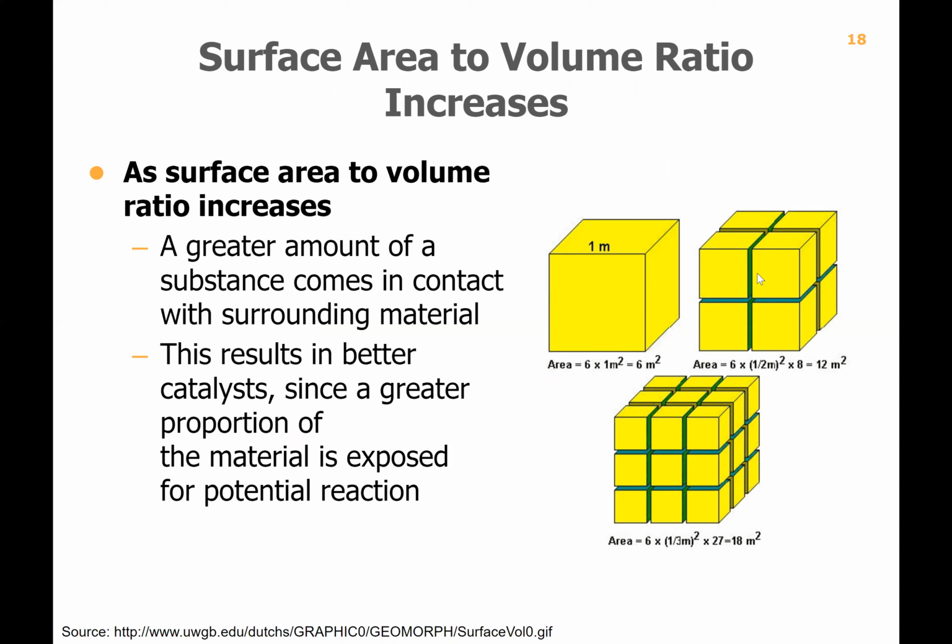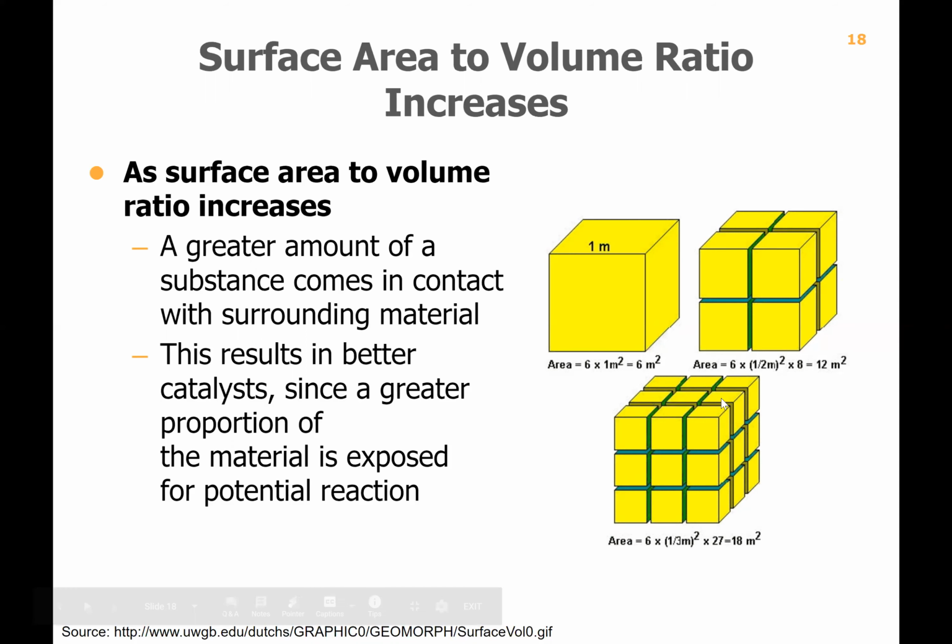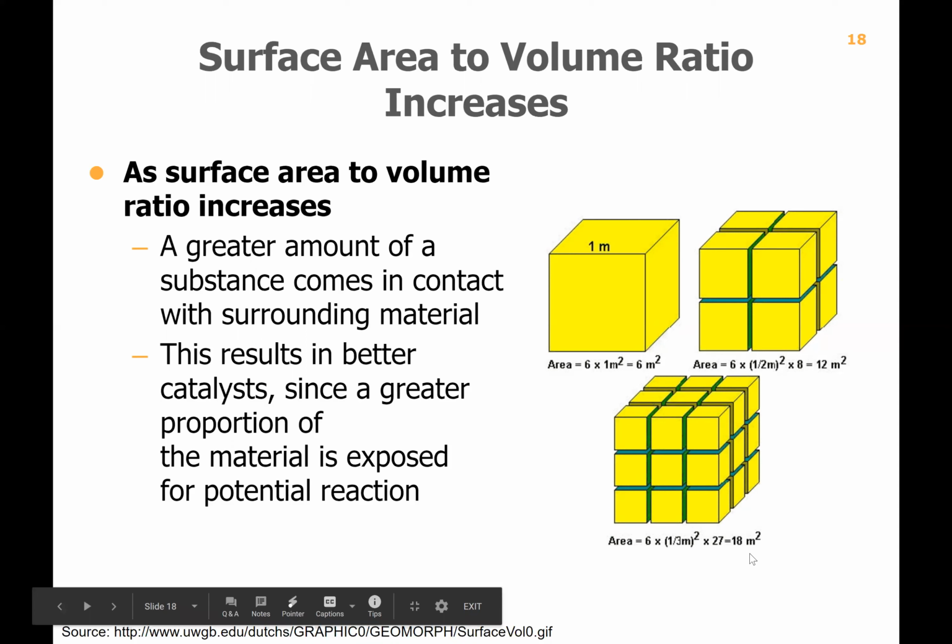If I just cut this in halves, in all directions, I'll get 6 times 0.5 squared for one of these little cubes, and then I have to multiply that by 8 because there are 8 little cubes, right? And so that's 12 square meters. So I've doubled it. Let's say instead of halves, I cut them into thirds. Now I have 27 little tiny cubes, and so my surface area becomes 18 meters squared.